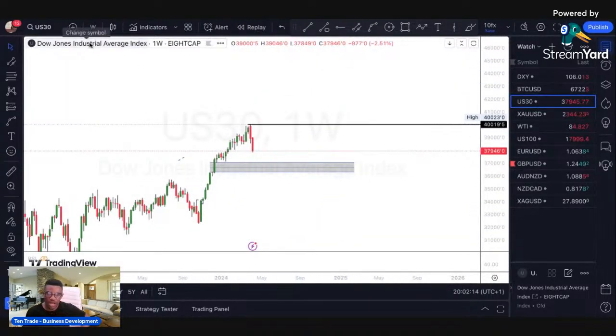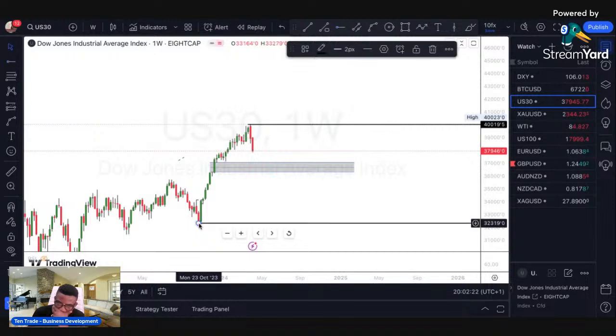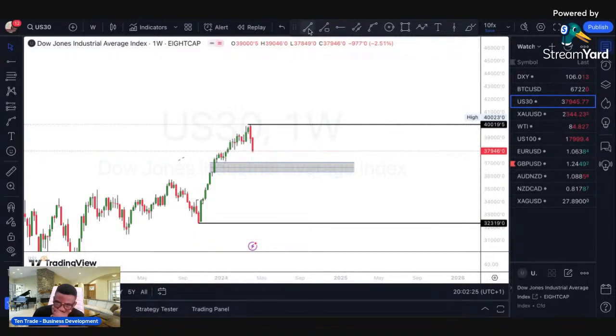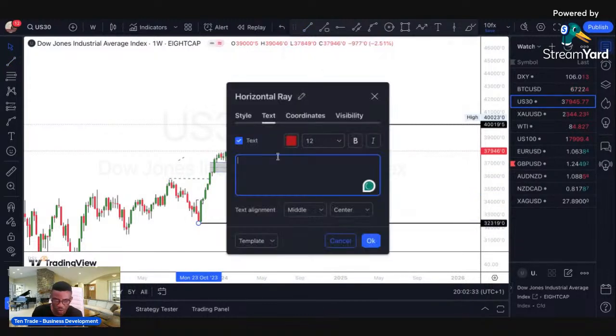So if we go down to this, this is a weekly imbalance, right? So this will be our weekly support, because from here we notice a significant break of weekly structure. So we are bullish, and this is our weekly support.